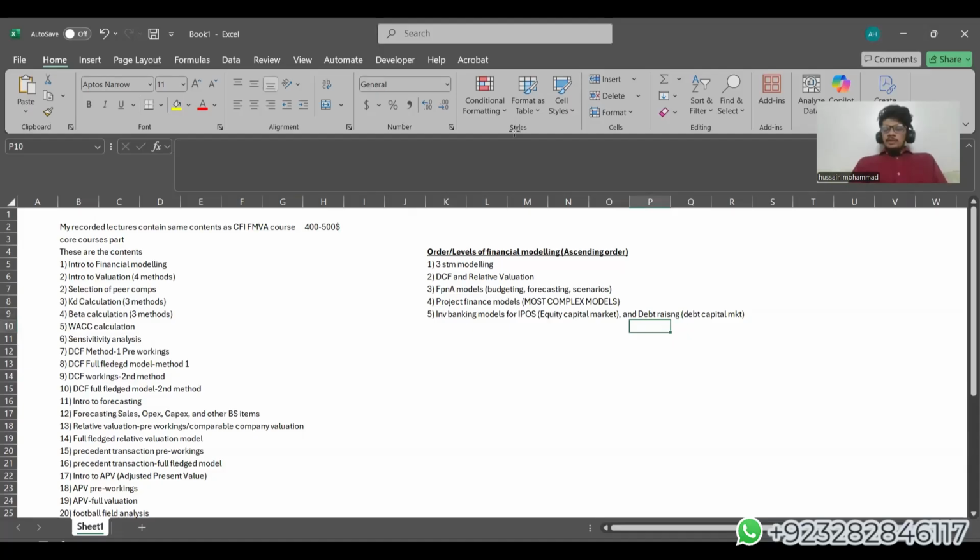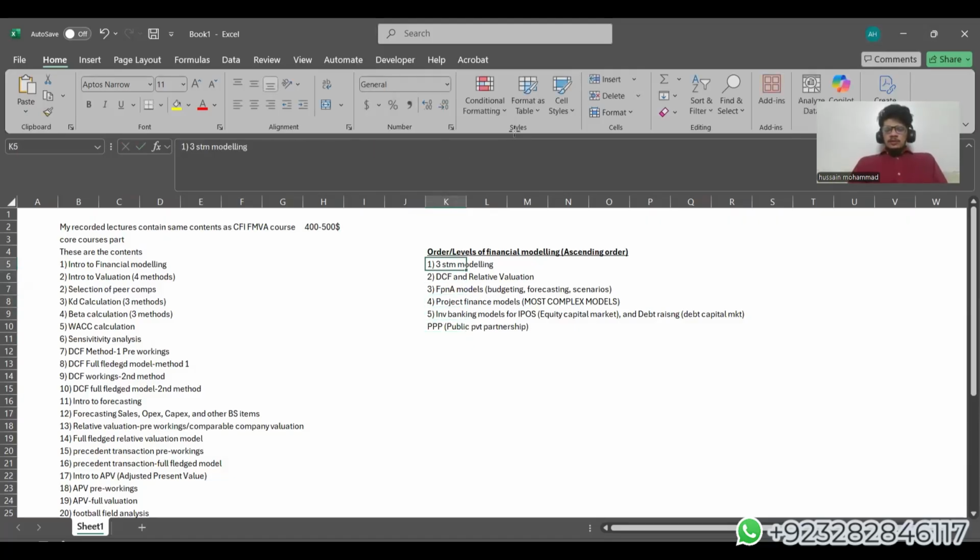Or there's also a public-private partnership, called PPP, where the government, which is the public sector, and the private sector both come together to work on a project. Maybe the government invests 50%, maybe the private sector invests 50%. The ratio could be anywhere between 0 and 100%. These are the most complex types of models.